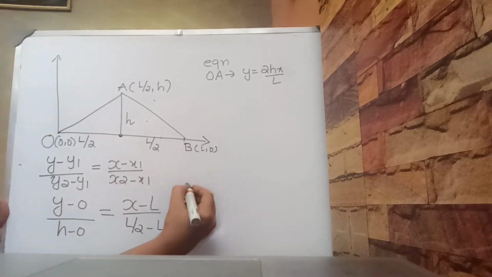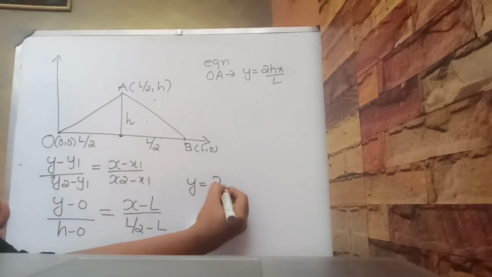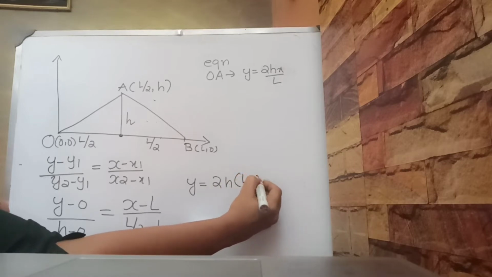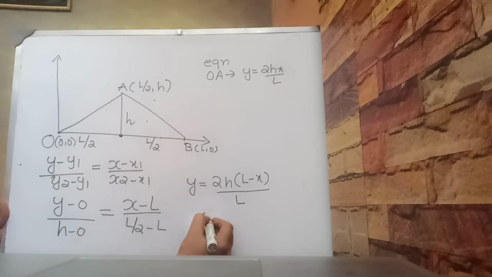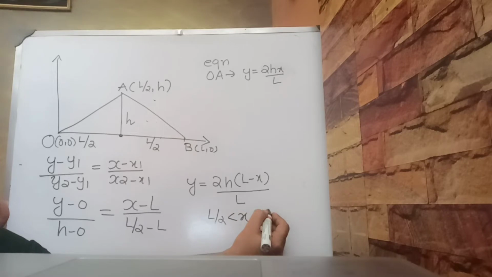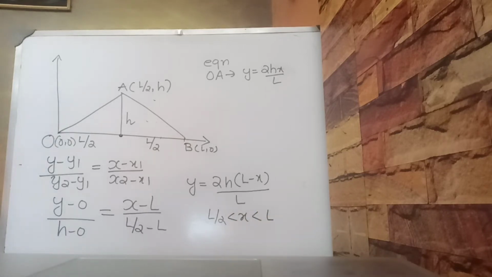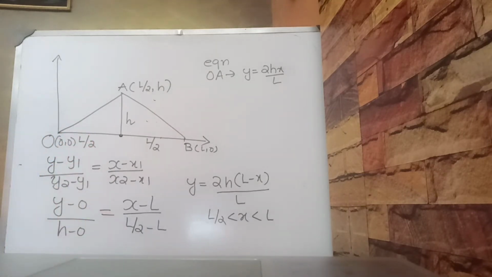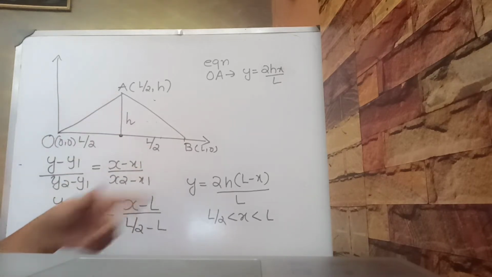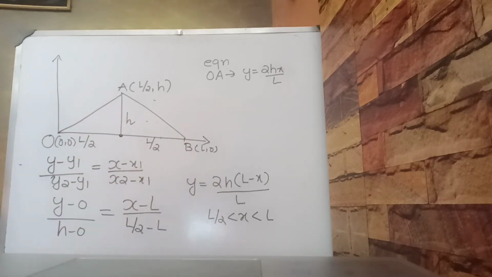And when you simplify, you get y equal to 2h(L minus x)/L, in the case L/2 less than x less than L. So the equation of OA is y equal to 2hx/L when 0 less than x less than L/2, and in the case of AB we have y equal to 2h(L minus x)/L when L/2 less than x less than L.